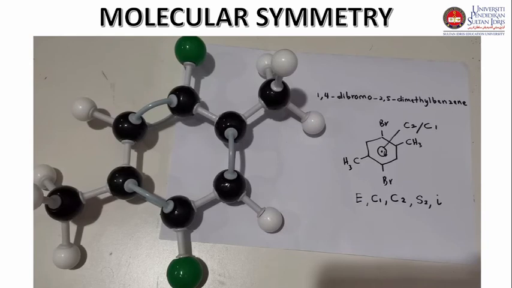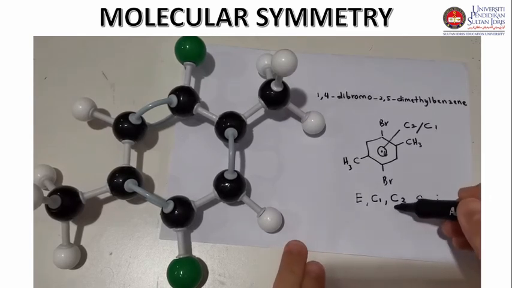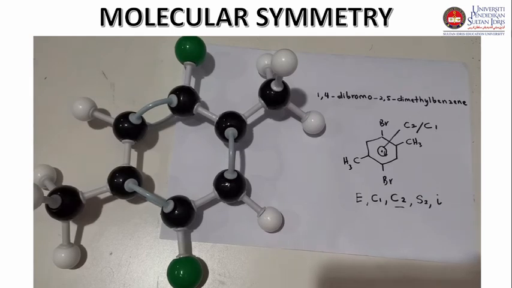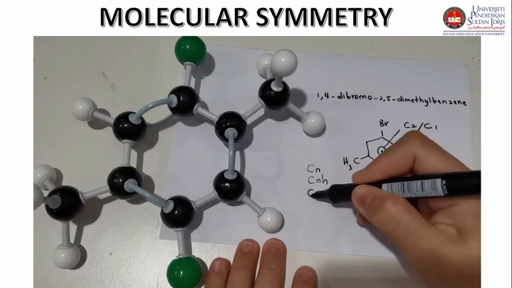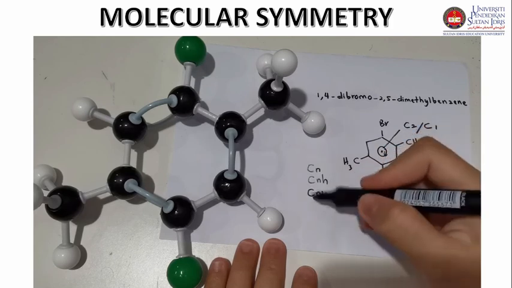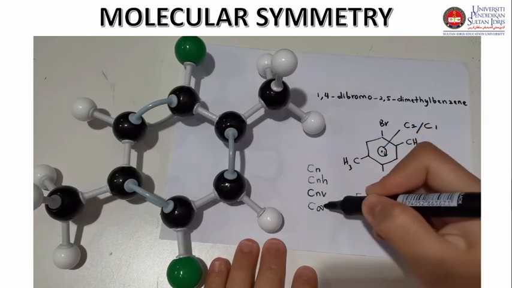Okay guys, since this molecule has a C2 axis, the point group belongs to the C family. The possible point groups are Cn, Cnh, Cnv, and C infinity v.